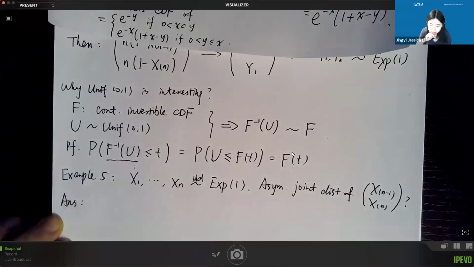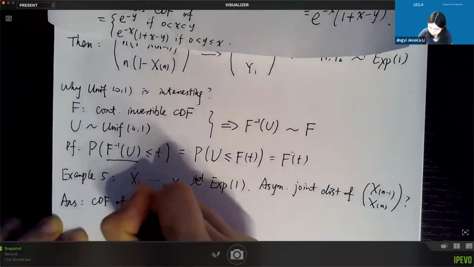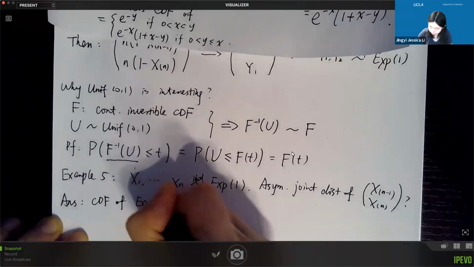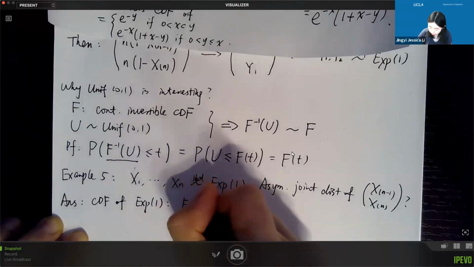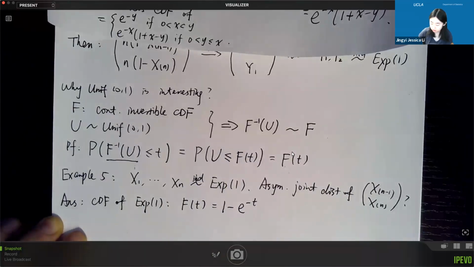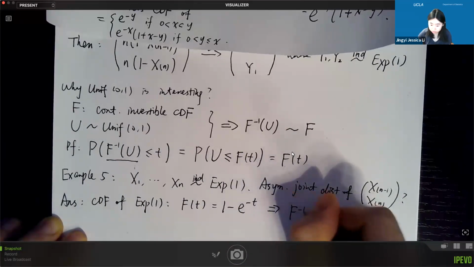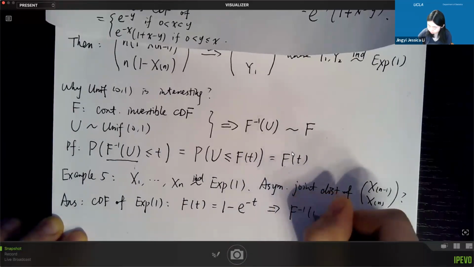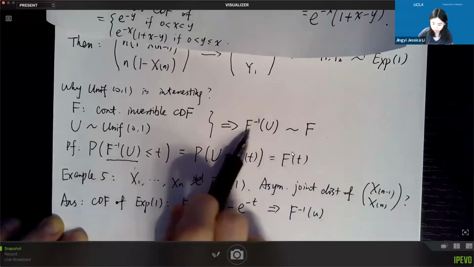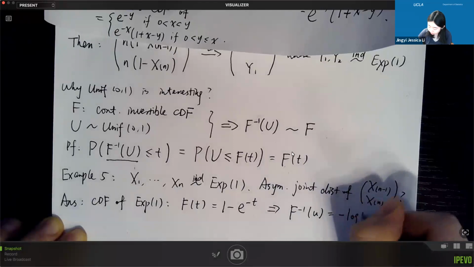Here, the CDF of exponential 1, we call this F(t). We know it's 1 minus e to the negative t. And what's its inverse? It's called F inverse(u), to be consistent with the notation here. It turns out to be negative log(1 minus u).